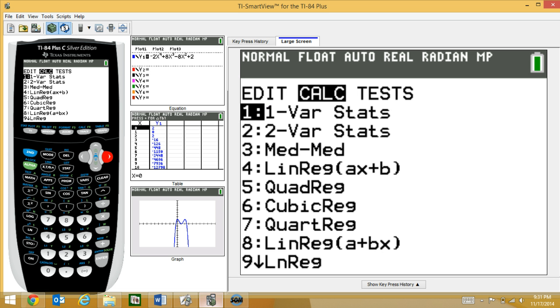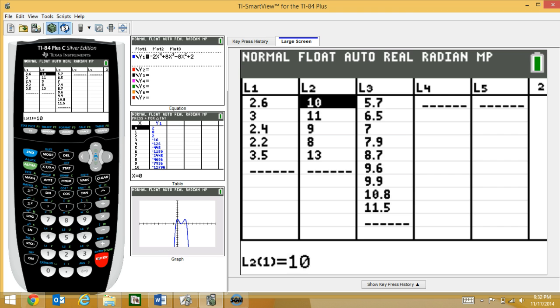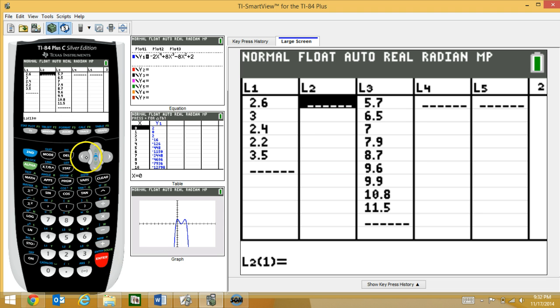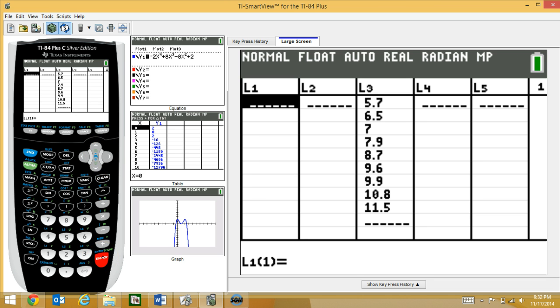Now, in order to run regression, we are going to go to our lists. And if you have anything in your lists, to clear those out, you up arrow so the heading is highlighted, and then hit clear, enter. And the same thing for list 1. Clear, and then enter.